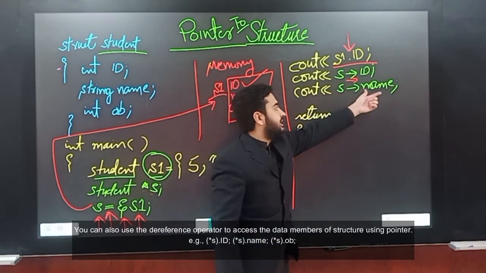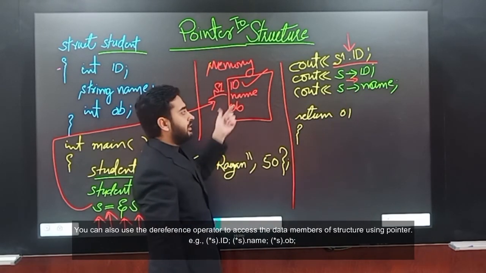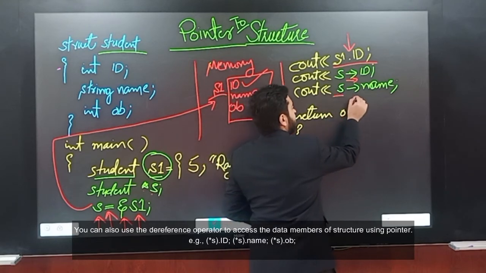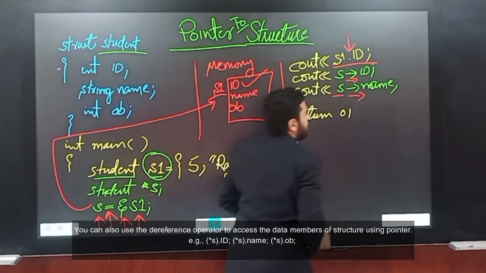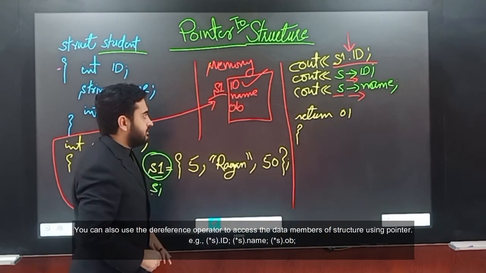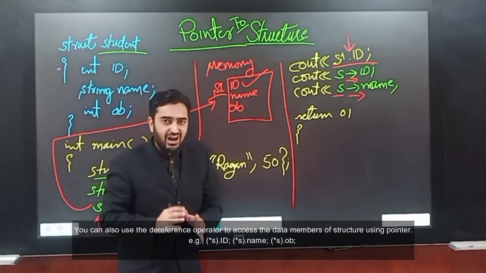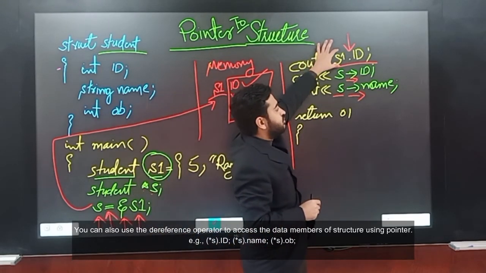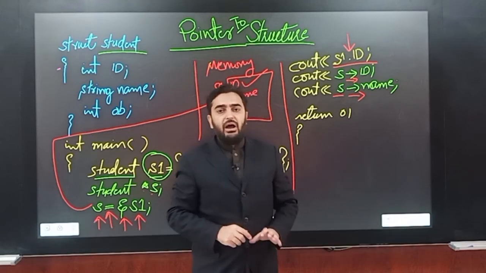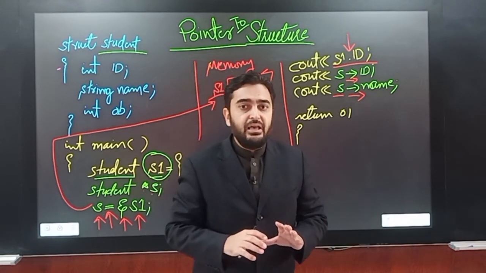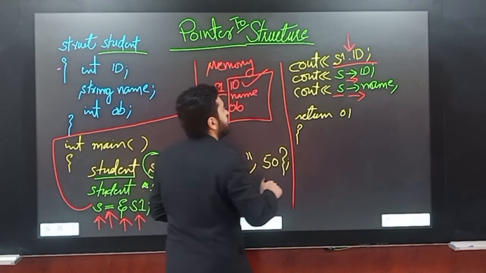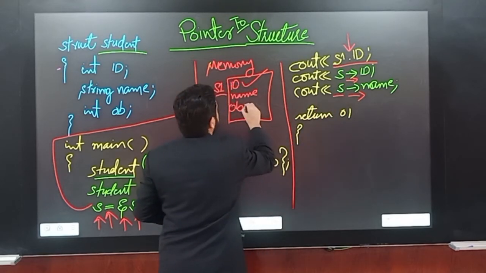Similarly, we can access the name, another variable, through the pointer using the arrow operator. We cannot use the dot operator because the dot operator is used with the simple variable, while the arrow operator is used with the pointer variable. Similarly, we can also access the third variable.